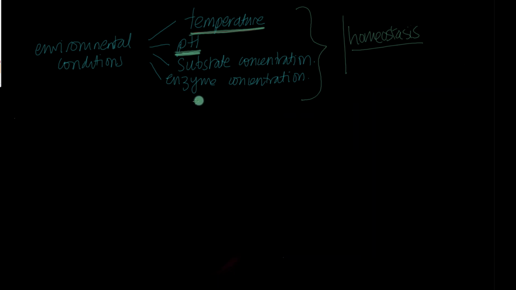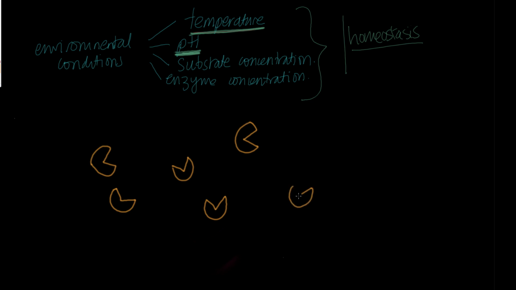All right, now let's look at these last two things. So we're going to look at substrate concentration, and we're going to look at enzyme concentration. Okay, so remember that enzymes are not used up in our reactions. So let's draw a bunch of enzymes.